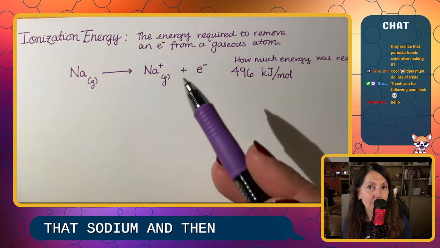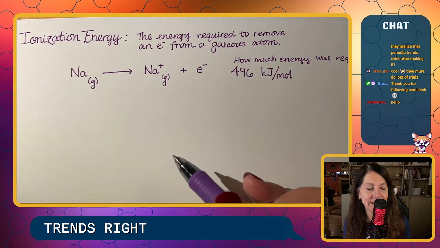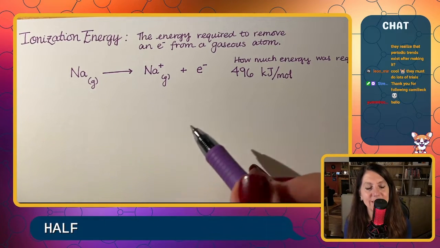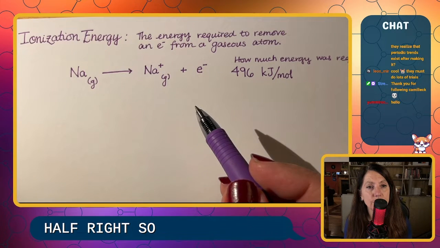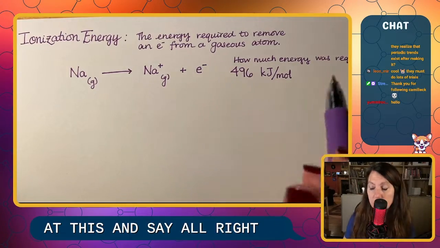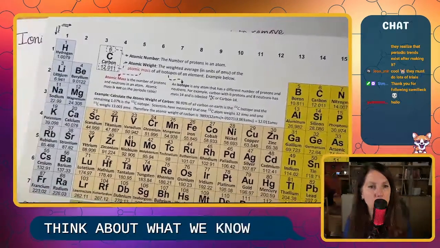And then we are concerned with periodic trends, right? That's what we've been talking about for the last hour and a half. So we can look at this and say, all right, that's sodium. Now let's think about what we know.